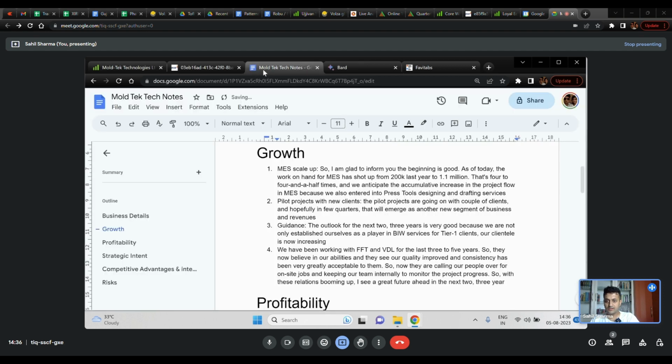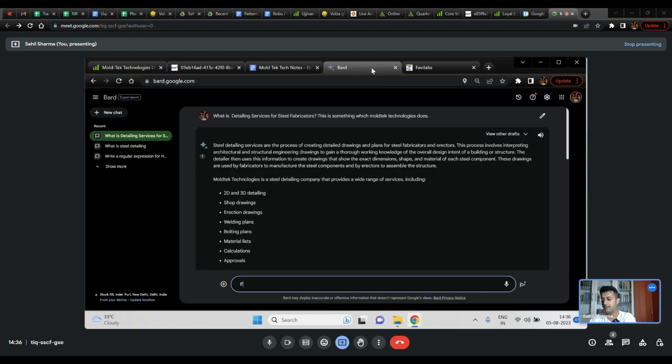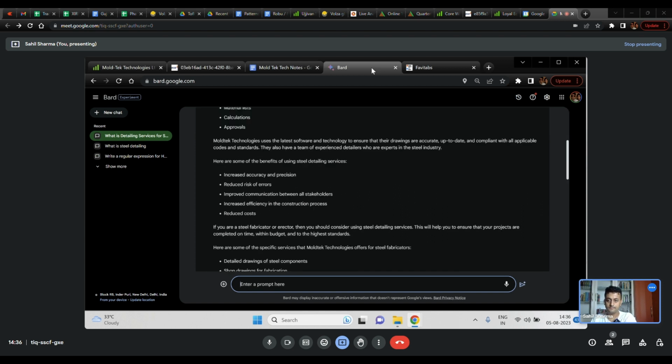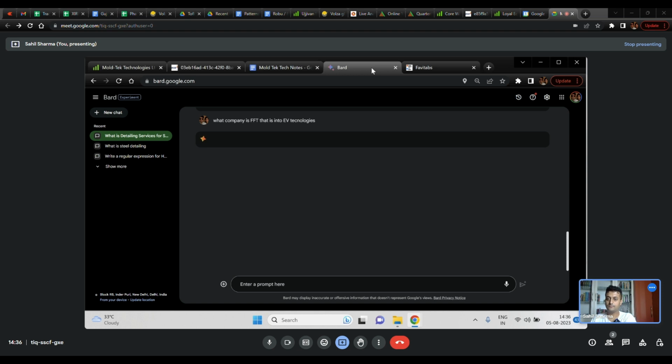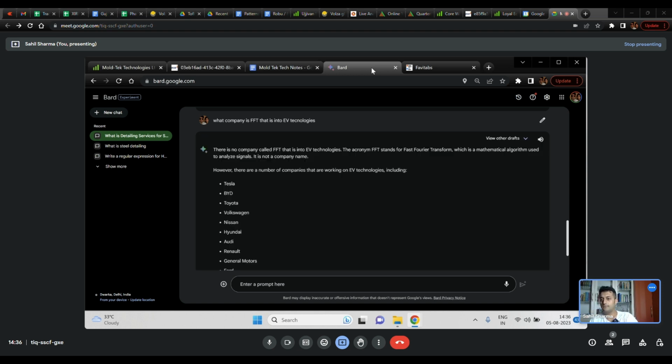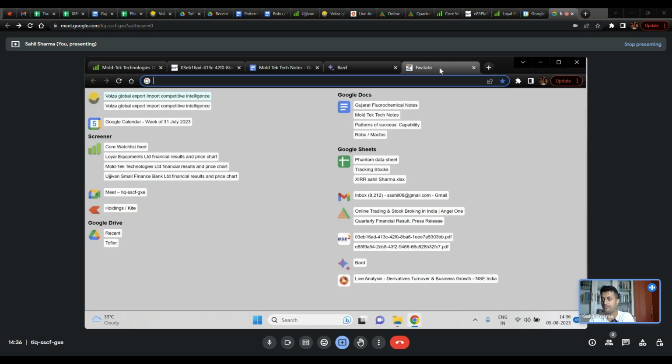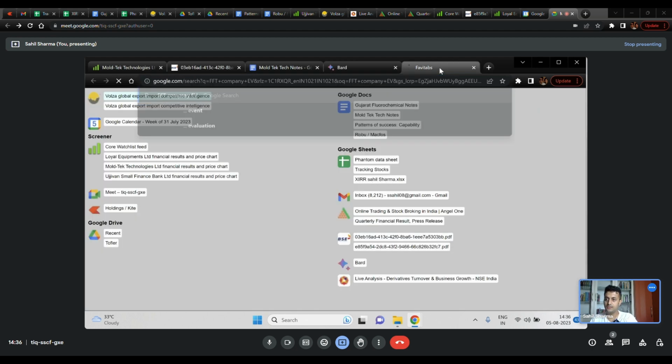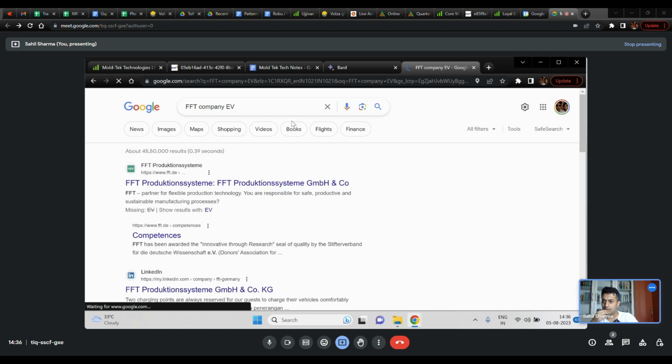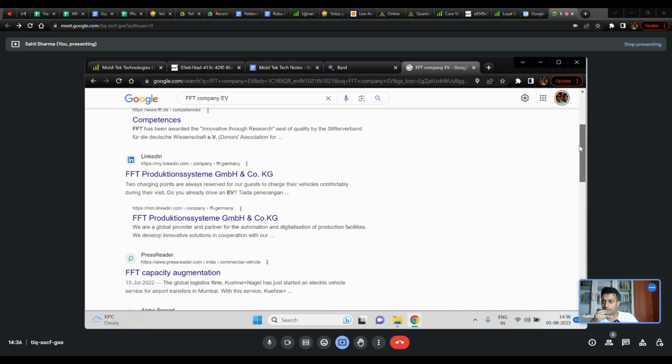I will just do a quick detour to Bard. What company is FFT that is into EV technologies? FFT company EV. I guess it could be a German company.